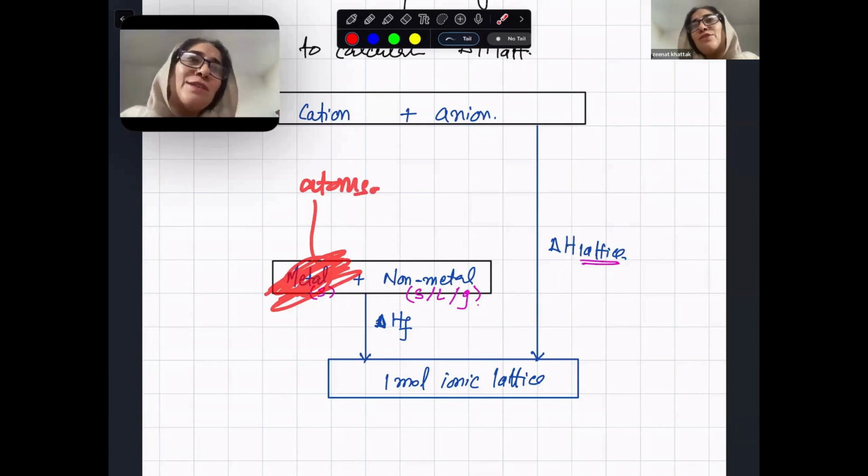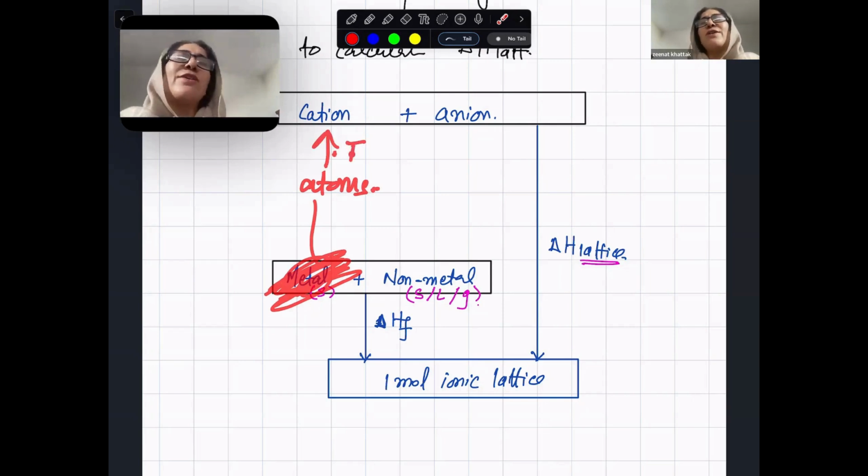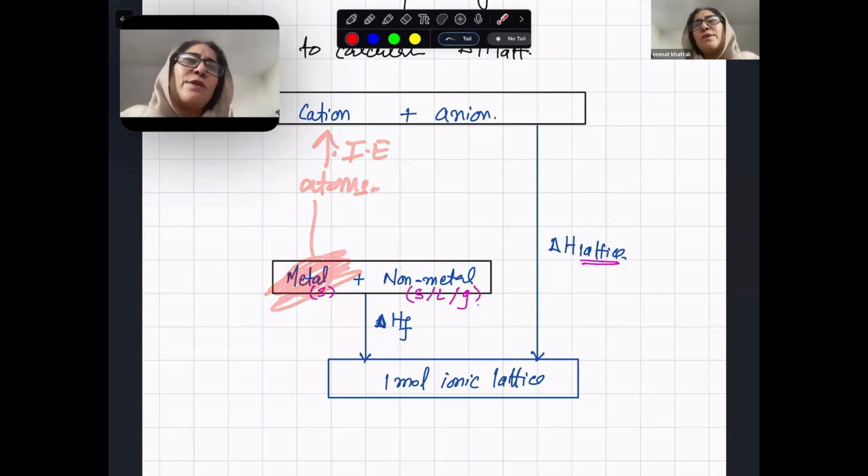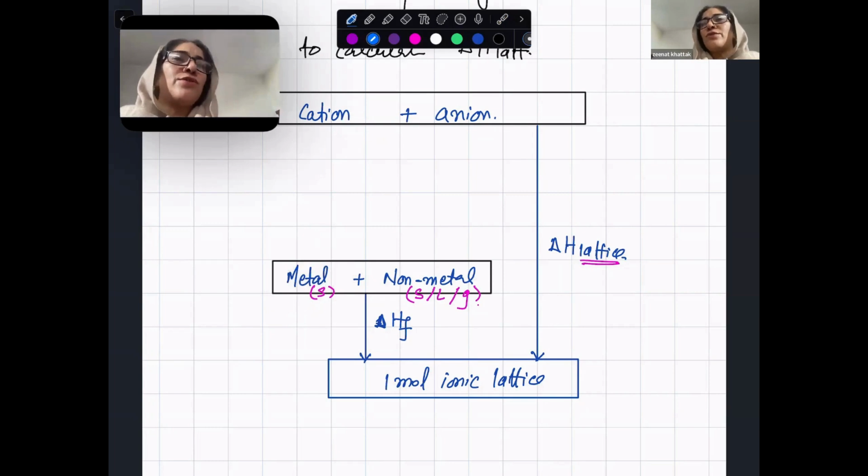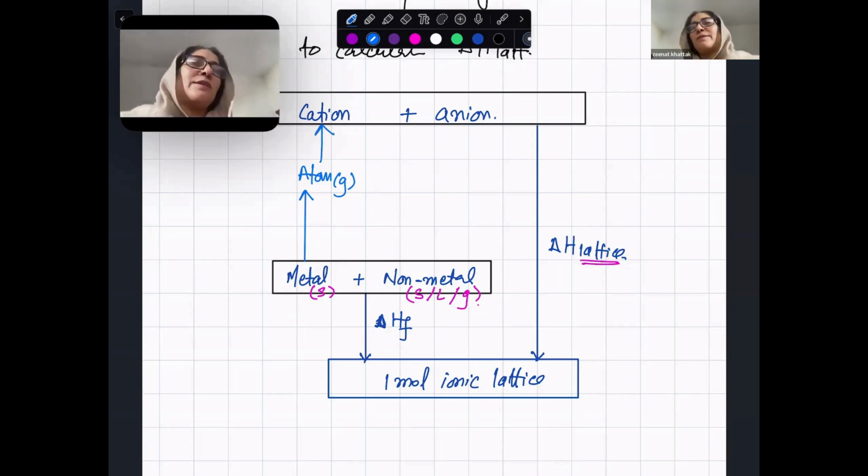Once it turns into atom, it's going to lose electron, ionization energy. You need to break the metal into atom, and then the atom into cation.